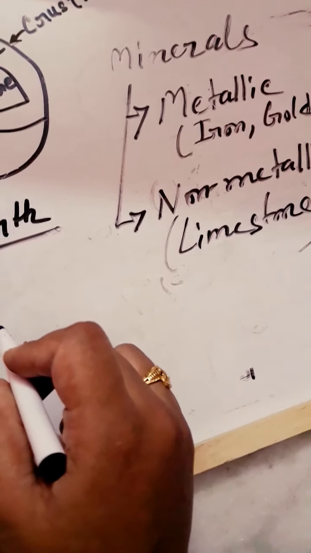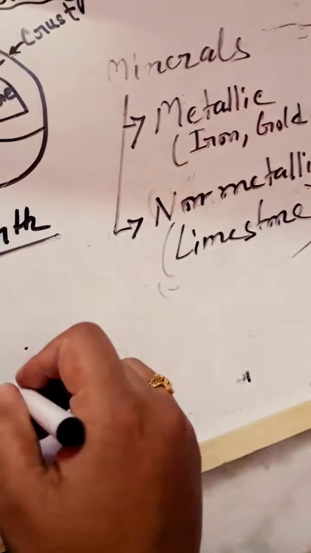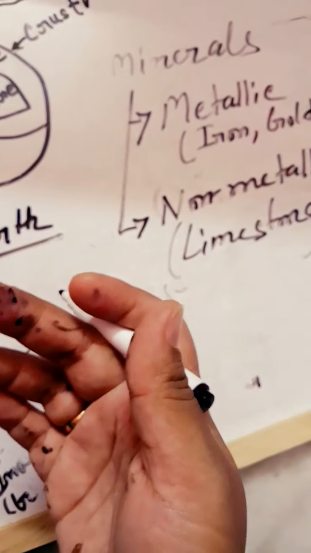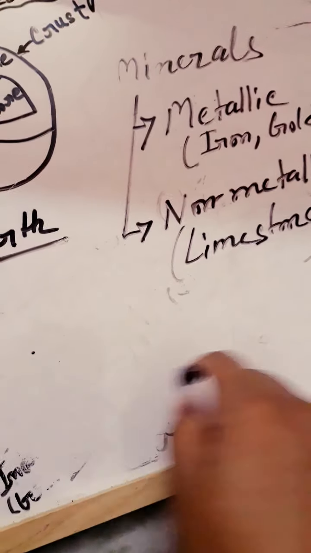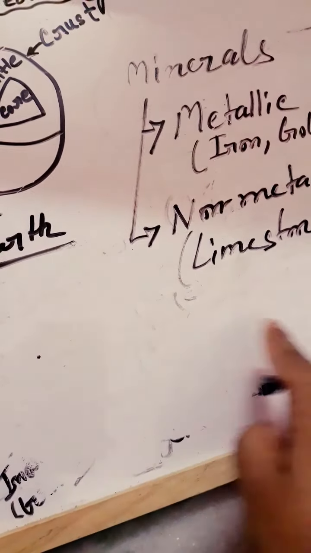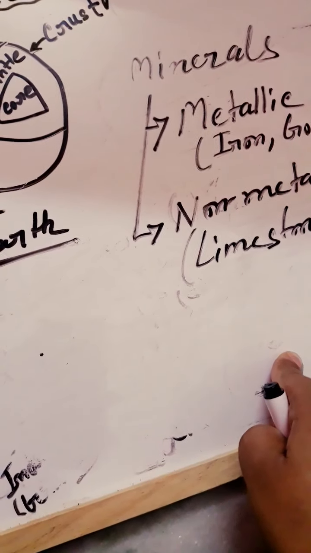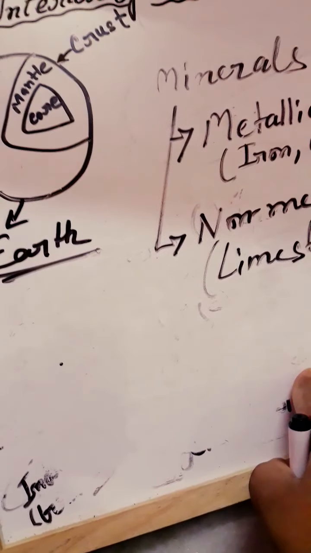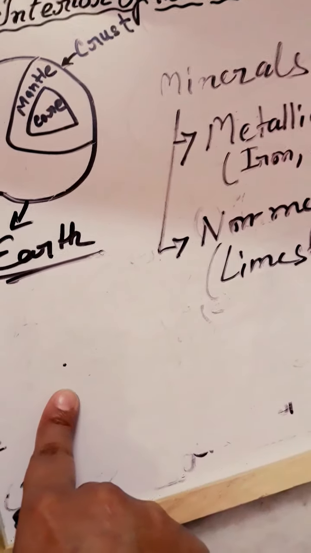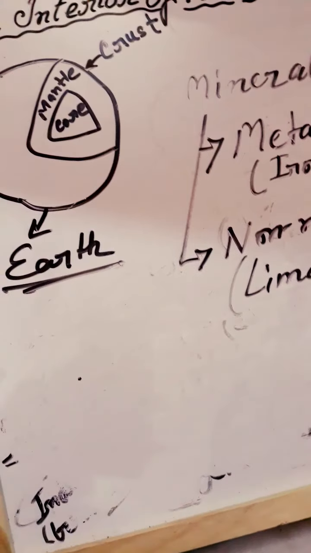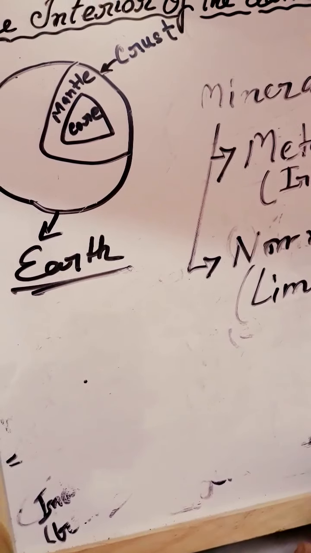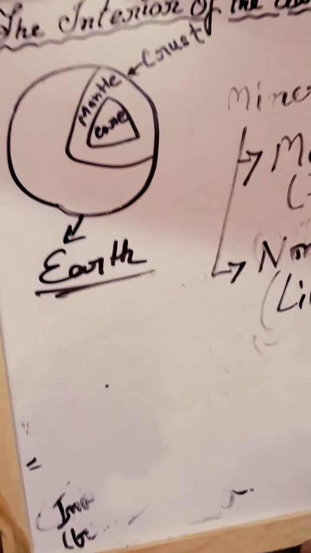By some weathering action, by river water or glacial water, they come from the mountain portion to the plain area. There the materials are gathered, and over a long span of years, they are known as sedimentary rocks. So when igneous rocks go with the river water and are gathered in the plain area as sediments, they turn into sedimentary rocks.